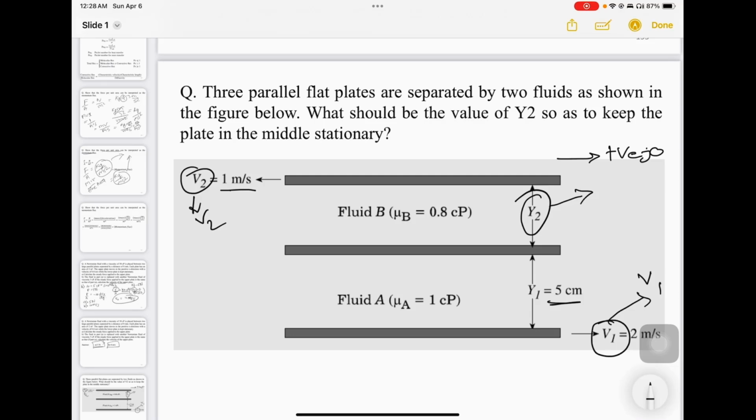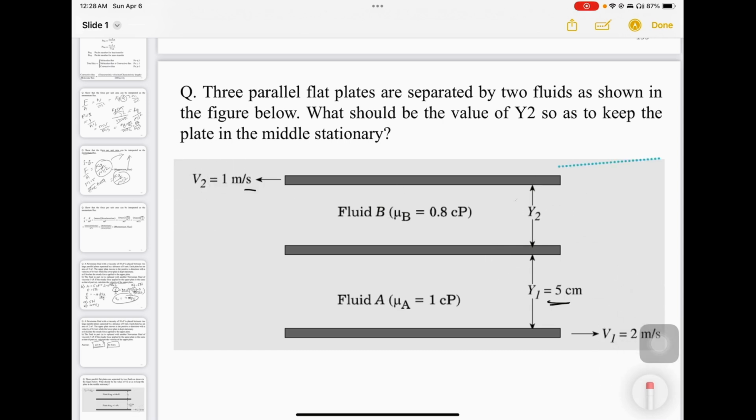Now we will solve this question with the help of Newton's law of viscosity. So Newton's law of viscosity says tau yx is equal to minus mu times dvx by dy.